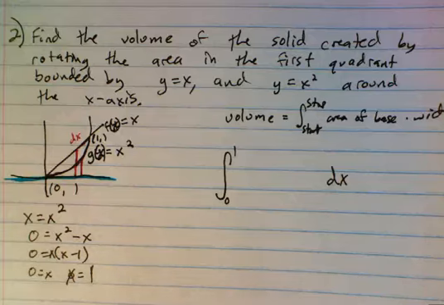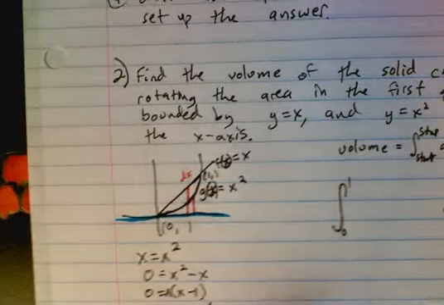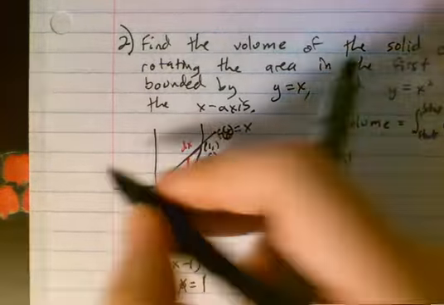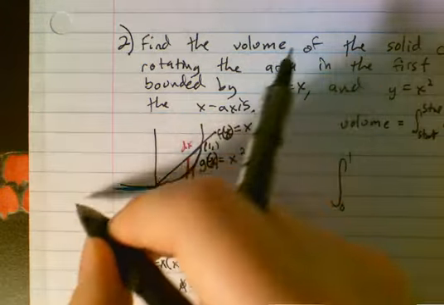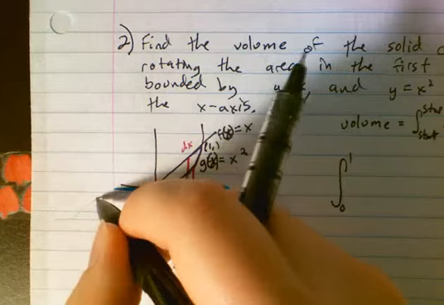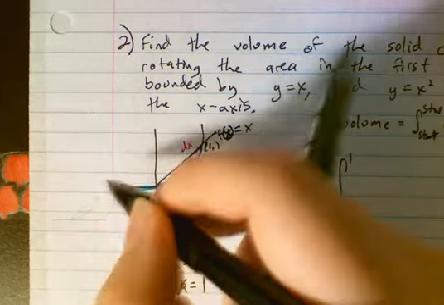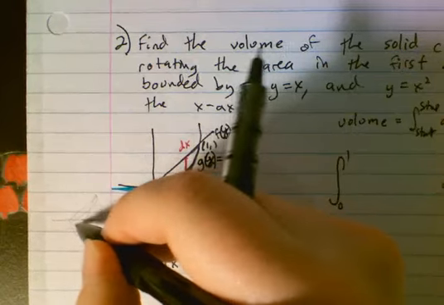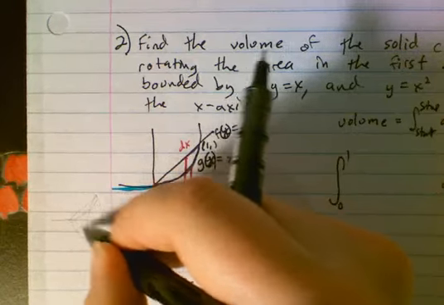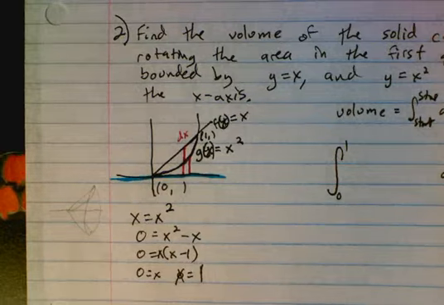And incidentally, if we were going to draw what it looked like once we rotated it all the way around, here's our axis, here's our shape. It would kind of look something like that if we rotated it.